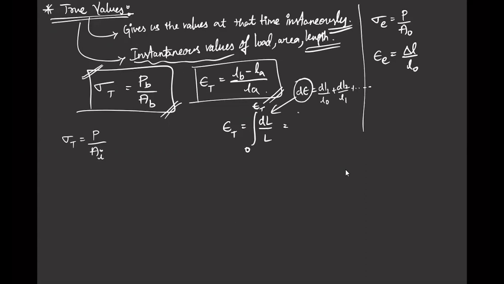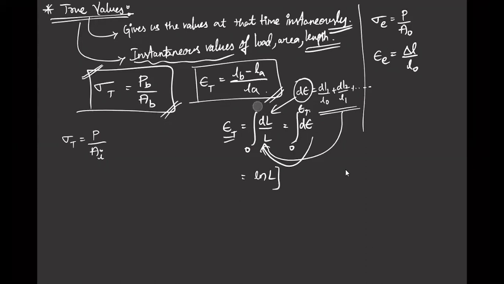So from that what we can get, as I just wrote, is d epsilon from 0 to this. From this we got this actually. We just integrated the whole part and we know what the values are, so we took them back here. We know the integral of dx by x is ln of x. Here we have l, so the limits are in terms of l. If you write in terms of epsilon, we have 0 to epsilon t.